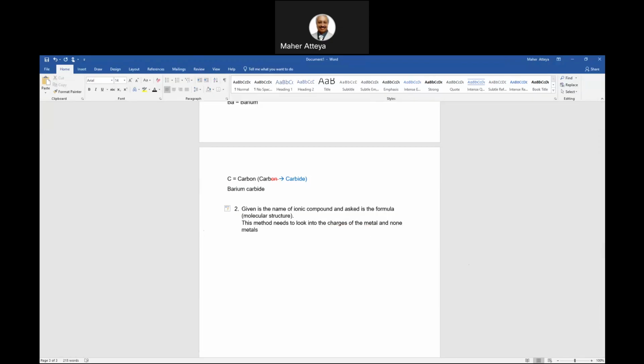So how do we do this? Inside your PowerPoints, but I'll give you one from the web. Let me go and give you one from the web here: a periodic table with multiple charges of the elements. So let's look at this, guys.